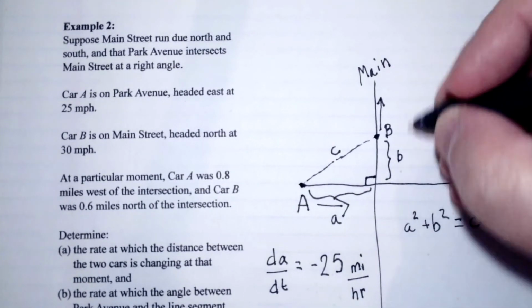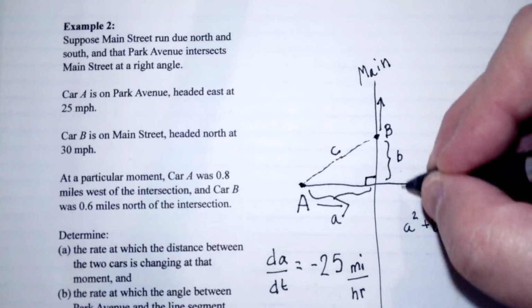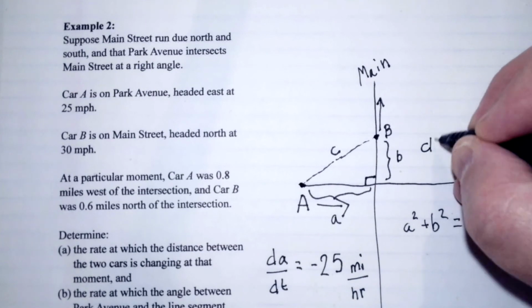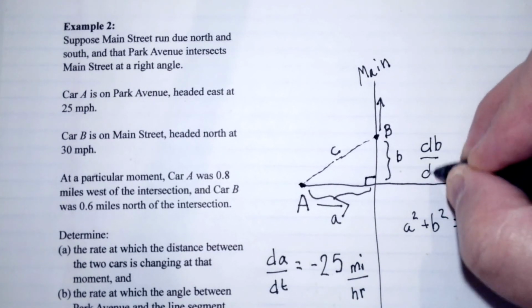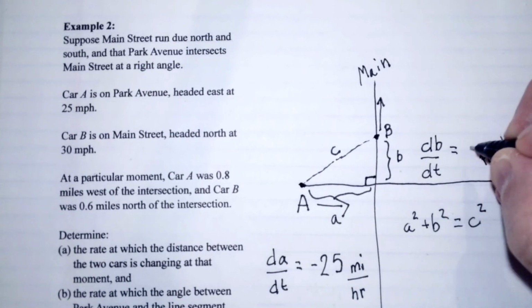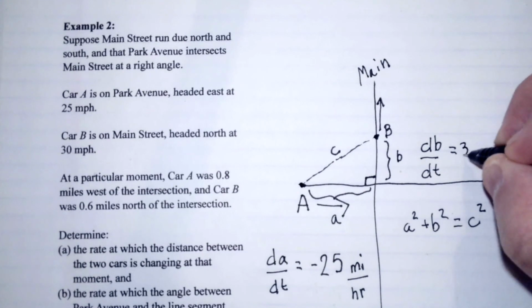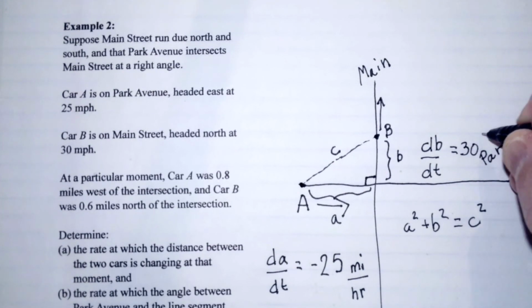Car B is headed north, so this distance is increasing. That means dB/dt, the derivative of B with respect to t, is positive, and it is 30 miles per hour.